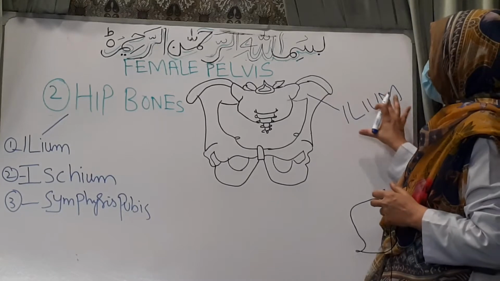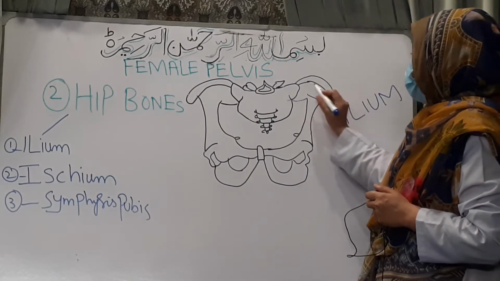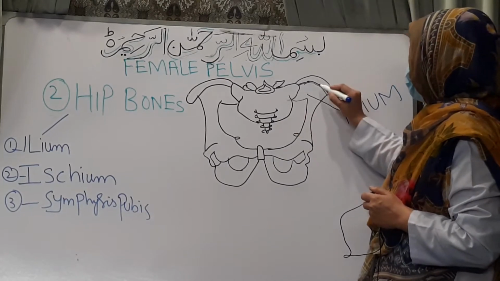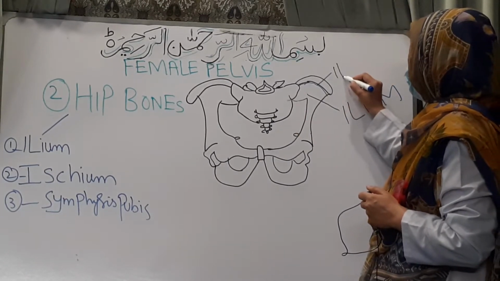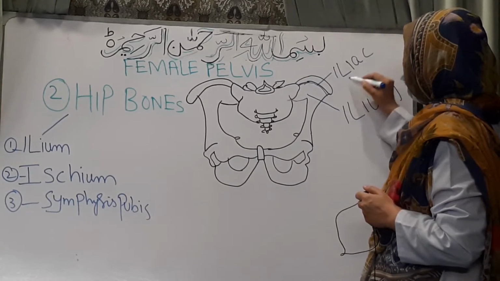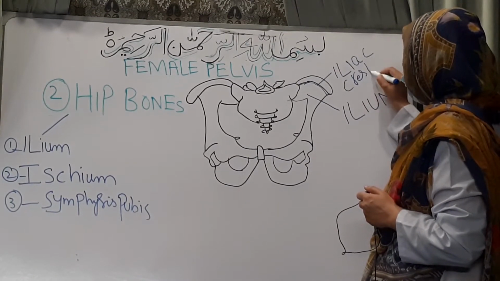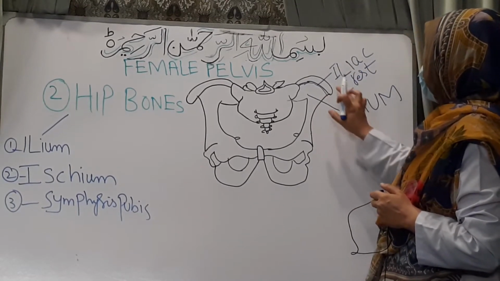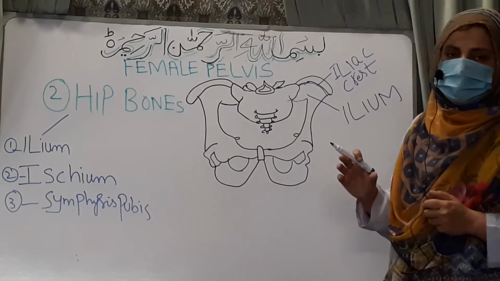The upper border of the ilium, this line, is known as the iliac crest.